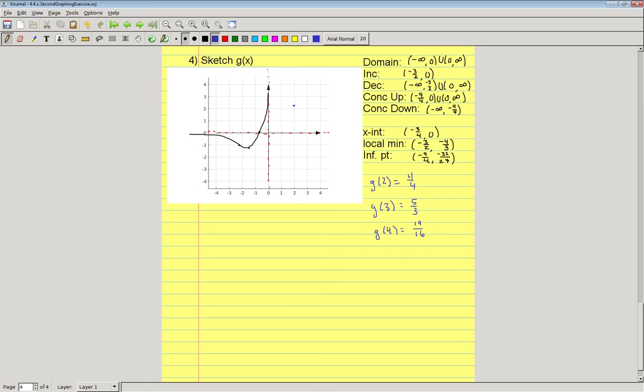So we get a point here for 2, 11/4, a point here for 3, 5/... and a point here for 4, 19/16. With this information, we can get a little bit of an idea how the curve is developing in our region.